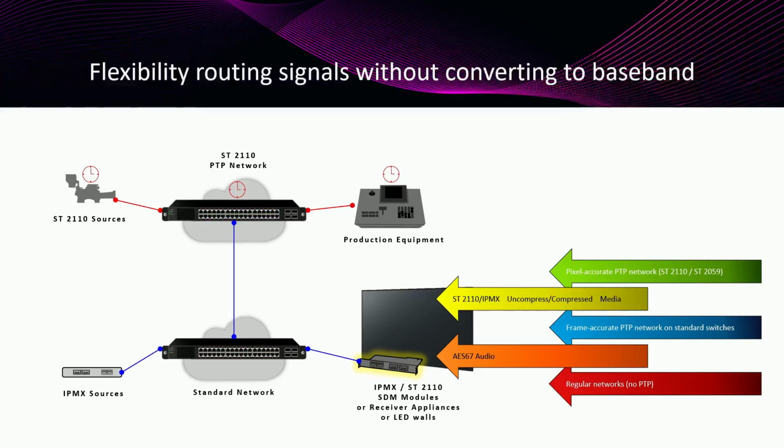That portability of content, the media compatibility with 2110 is exploited here. And the fact that IPMX could live on either this type of network or this type of network is exploited here. So there are new design elements that are powered by the additions to 2110 that IPMX did.